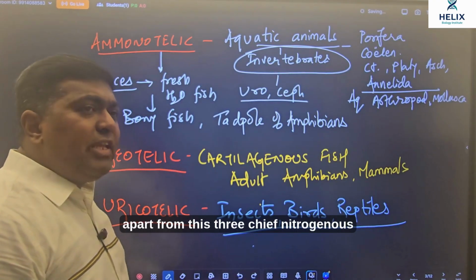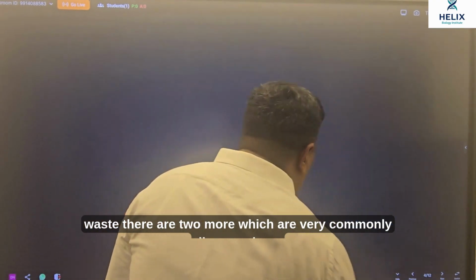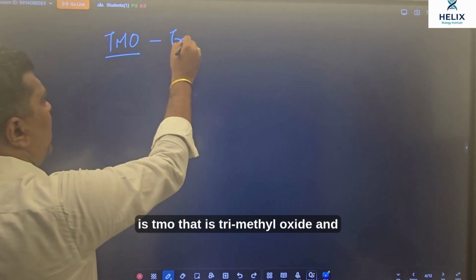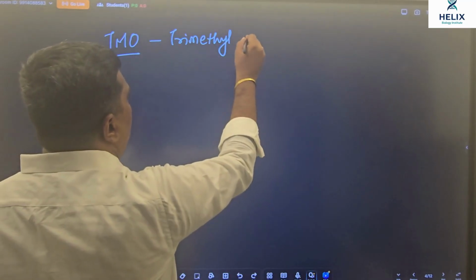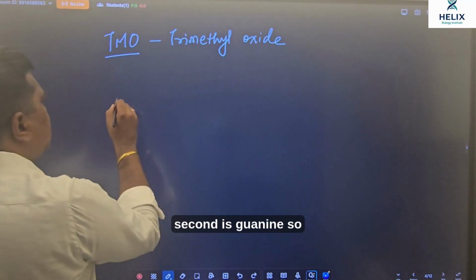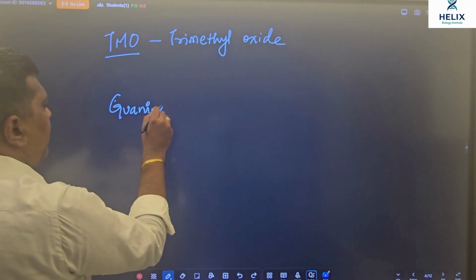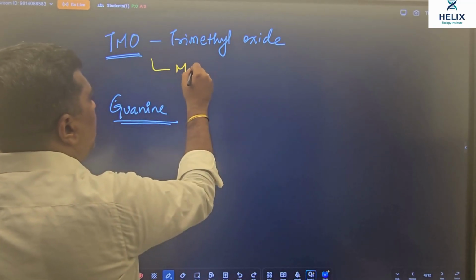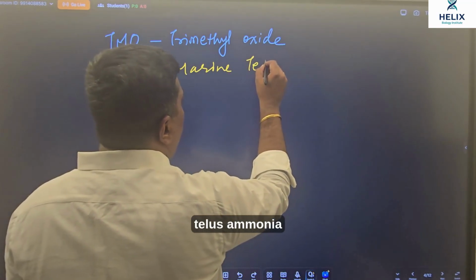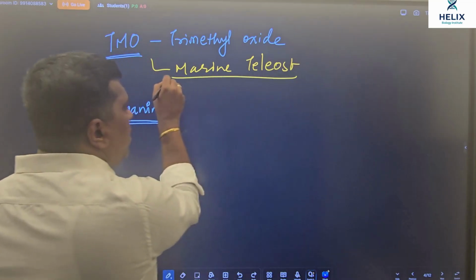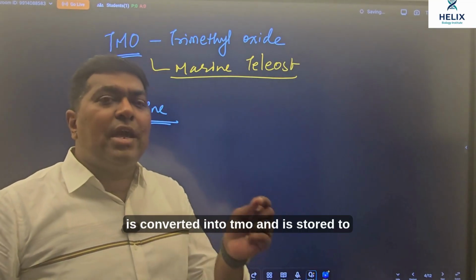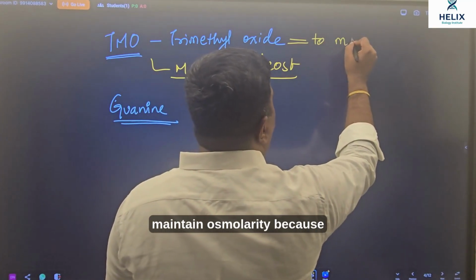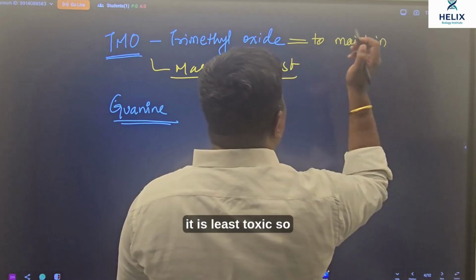So apart from these three chief nitrogenous wastes, there are two more which are very commonly discussed. One is TMO, that is trimethylamine oxide, and second is guanine. So what happens in case of marine teleost, ammonia is converted into TMO and is stored to maintain osmolarity because it is least toxic.